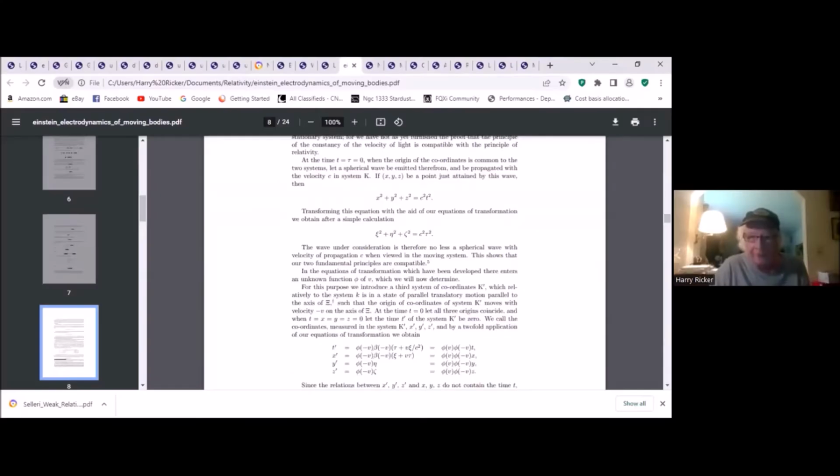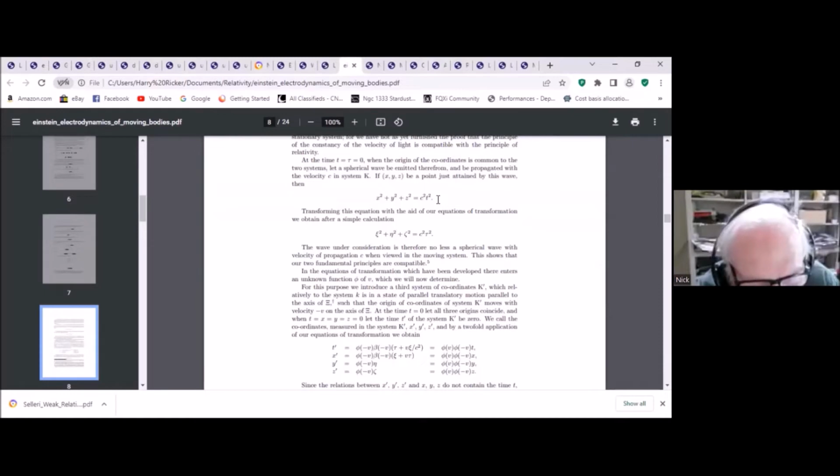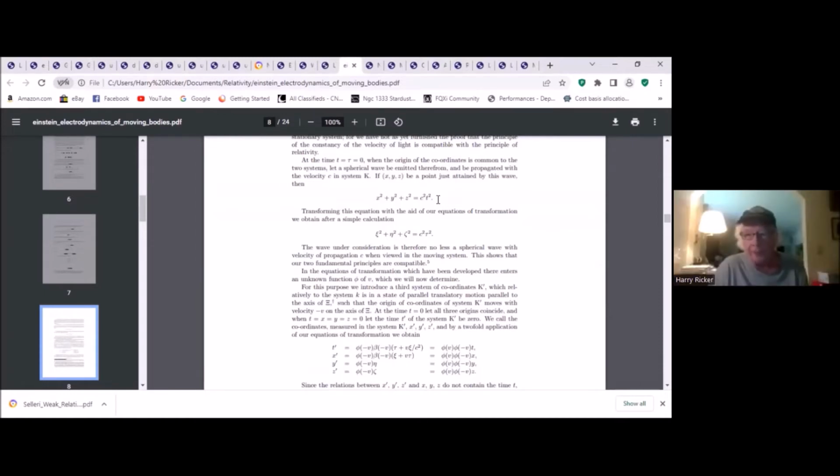Then once he gets the answers, he goes through the process again and says, okay, we can substitute this into this one-way light sphere equation. That's this equation here where you see x squared plus y squared plus z squared equals c squared t squared. That's the light sphere in the rest frame, or the initial frame.